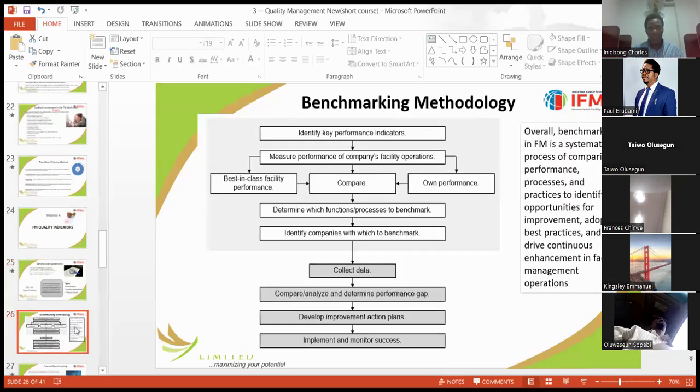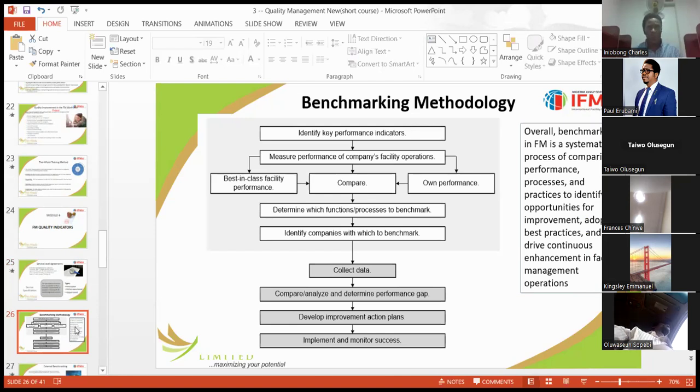So the next thing we want to look at is benchmarking. Overall, benchmarking in FM is a systematic process of comparing performance, processes and practices to identify opportunities for improvement.